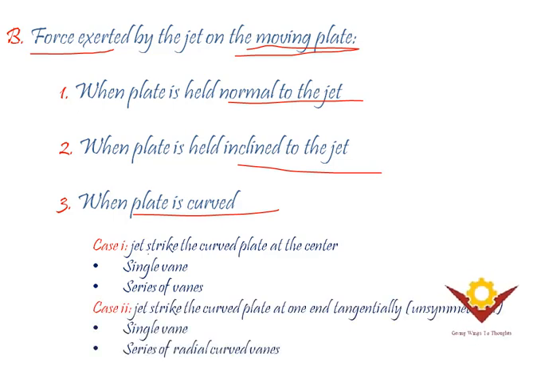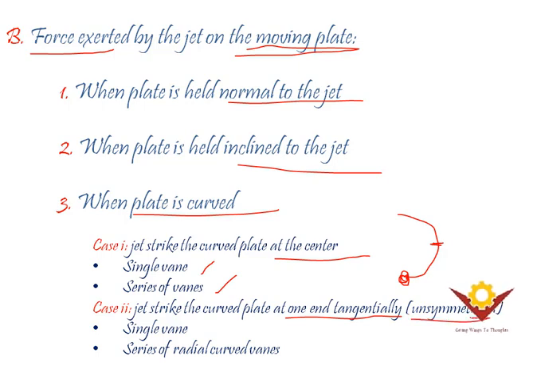Again, the first case is the jet strikes the curved plate at the center. And in this we have the single vane, and we have a series of vanes, a simple example is your Pelton wheel. And the jet strikes the curved plate at the end tangentially, or at the tip. We can call it the tip. And this is the unsymmetrical one.